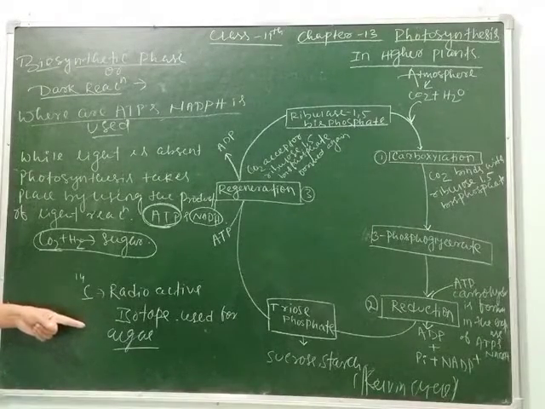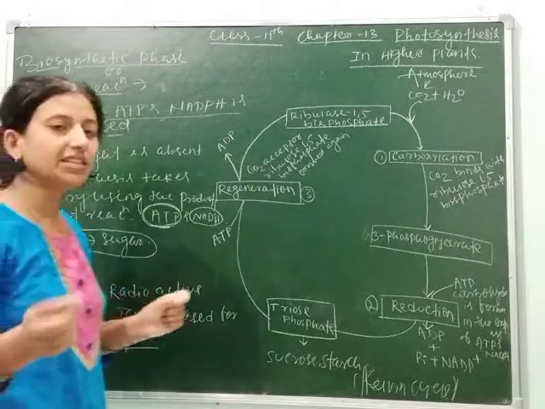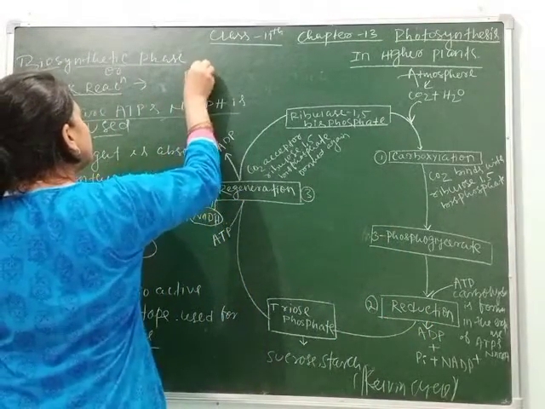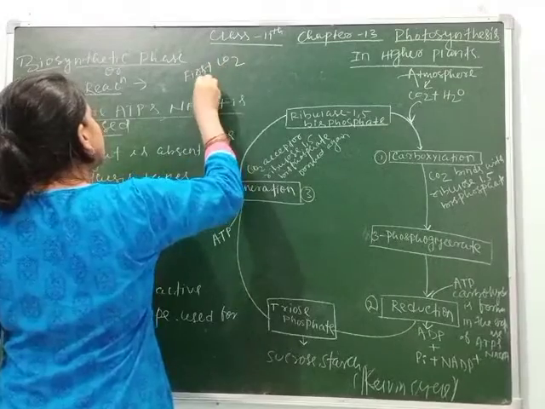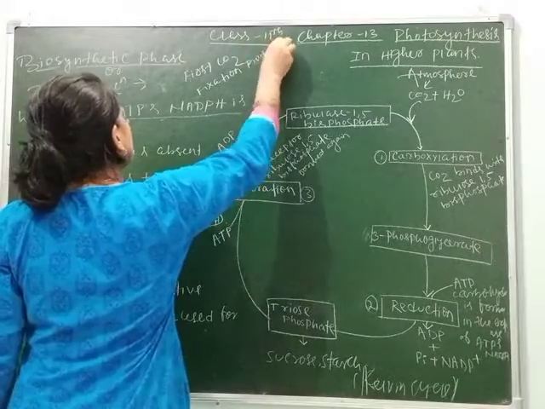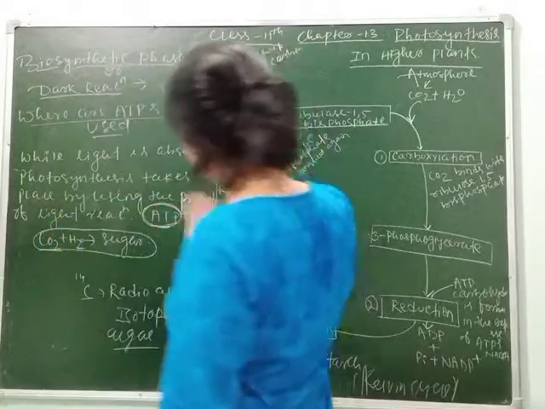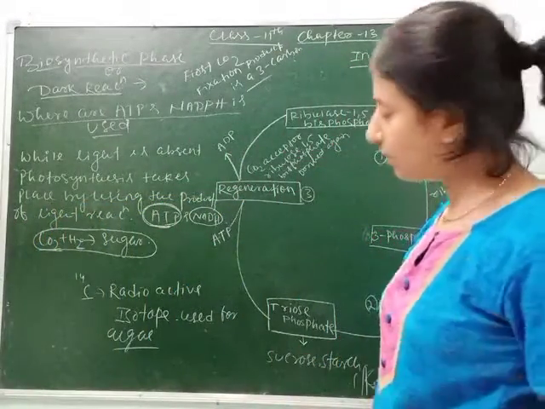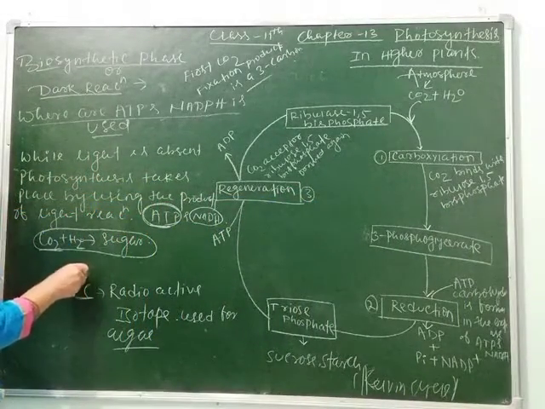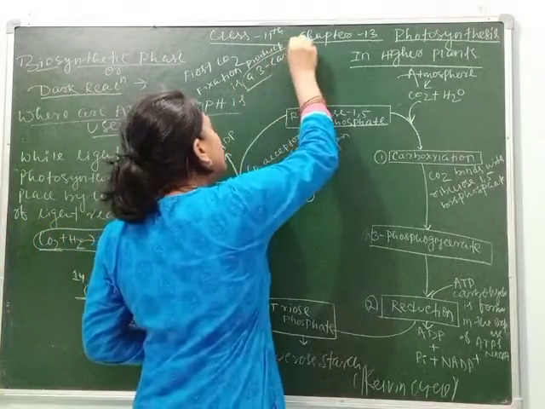After using this, it was found that the carbon dioxide fixation product is a 3 carbon source. It means that while he was doing his experiment on algae using the radioactive C14 isotope, he found that after photosynthesis the first product formed is a 3 carbon source.